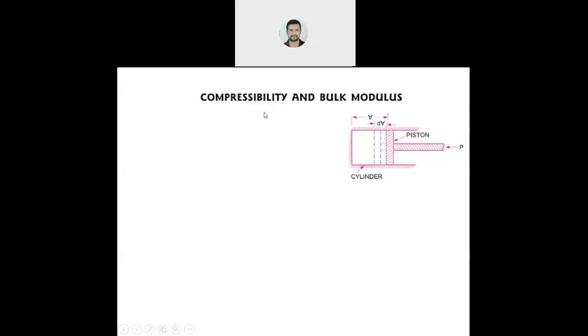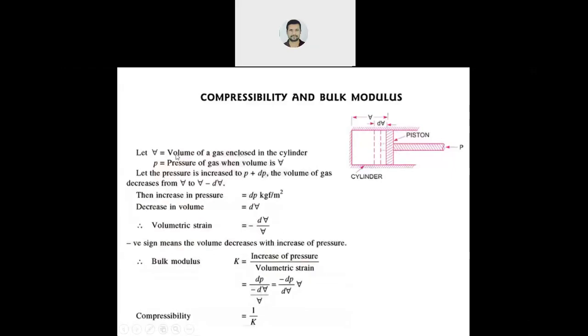I told you in compressibility, the volume decreases and the pressure increases. So let the increase in pressure be del P, the decrease in volume be del V. V is the original volume of the cylinder.